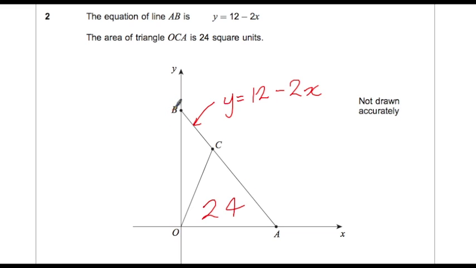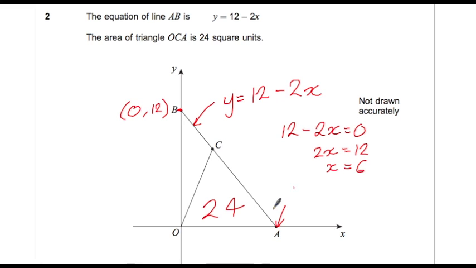Maybe we can work out the coordinates of B, so I reckon that's going to be 0, 12. And to find the coordinates of A, this is where the line hits the x-axis, so that's where y equals 0. So that's going to be where 12 minus 2x equals 0.